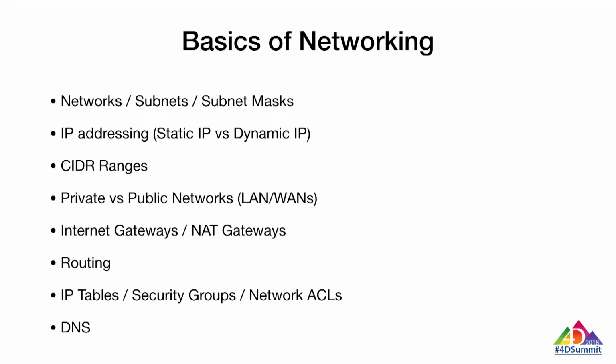Before you start to think about migrating your 4D applications to Amazon or Azure or GCP for that matter, you really have to plan your network and your security. It's not like having a physical network in your office or your data center.